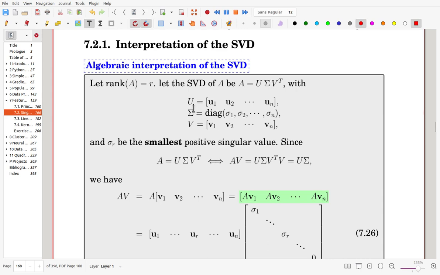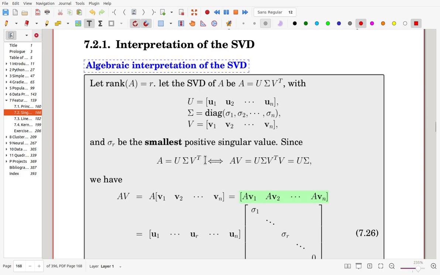Then U has n column vectors, sigma is a diagonal matrix of sigma 1 to sigma n, and V can also be written as n column vectors. Sigma r is the smallest positive singular value, which means that the rank is r. Okay, so here A is U sigma V transpose.